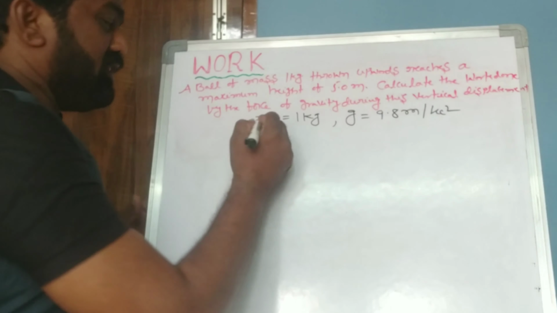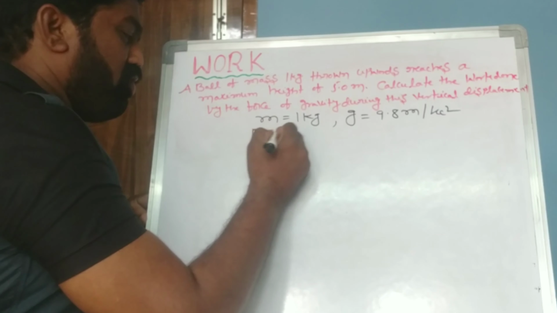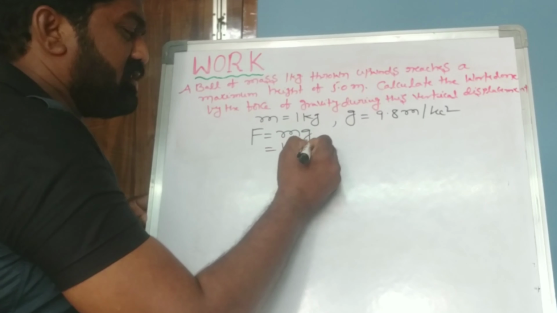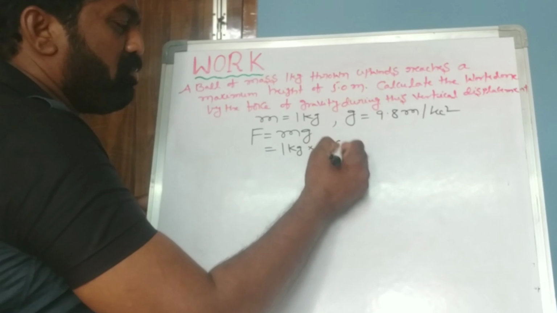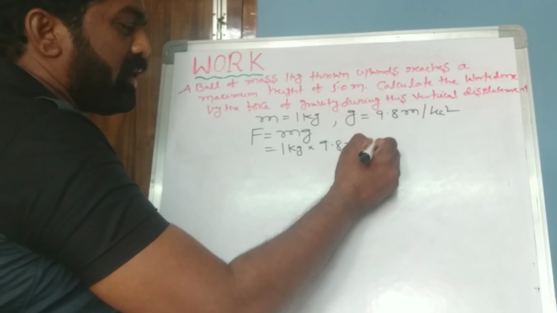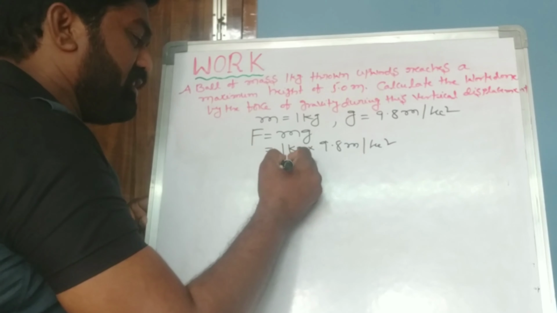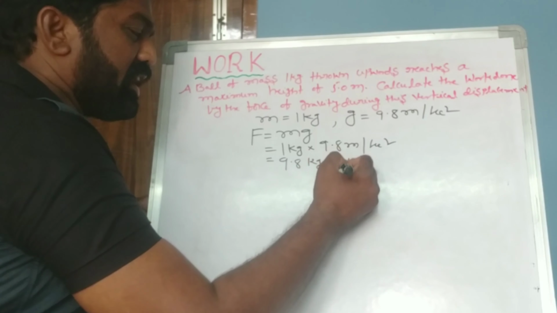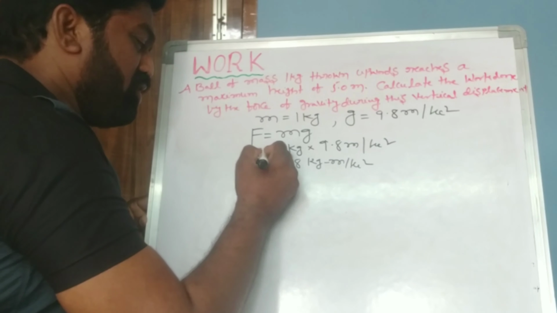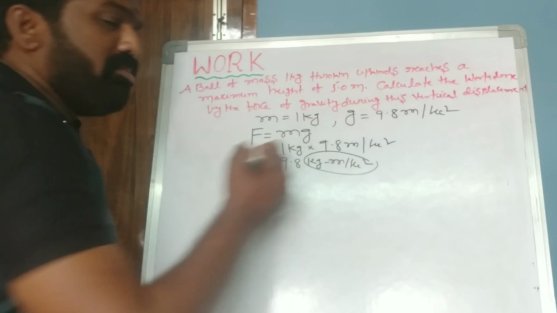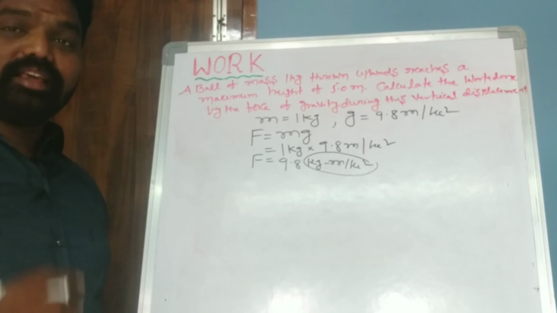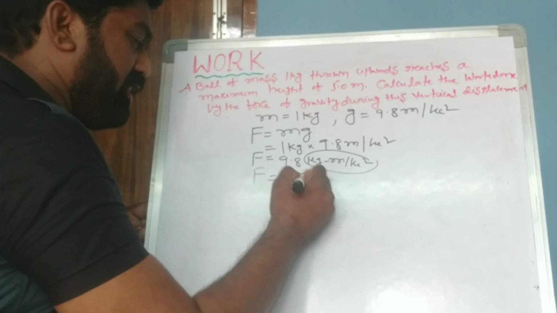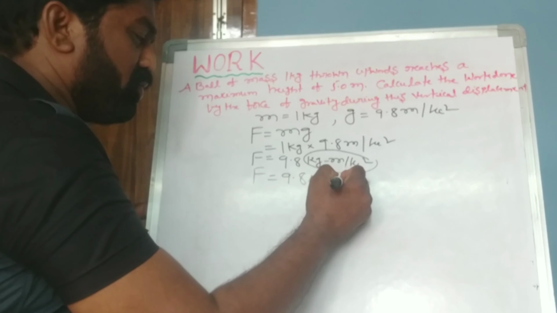Now first we can find the force. So the force F equals mg, this is 1 kg into 9.8 meter per second square, that is 9.8 kg meter per second square. So kg meter per second square is nothing but Newton. Now the force is 9.8 newtons.